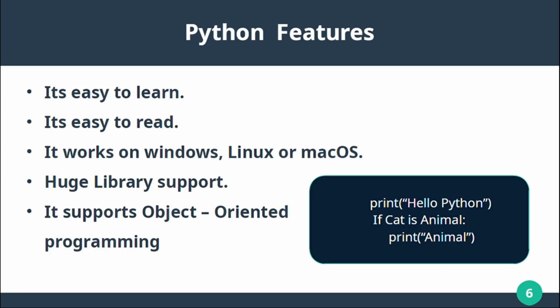Like if you want to do some mathematics, it has its own library. If you want to make games, it has its own library. If you want to draw graphs, it has its own library. If you want to develop websites or applications, it has its own library. And it also supports object oriented programming, means it supports classes and objects. If you are not familiar with classes or objects yet, we will discuss that later.